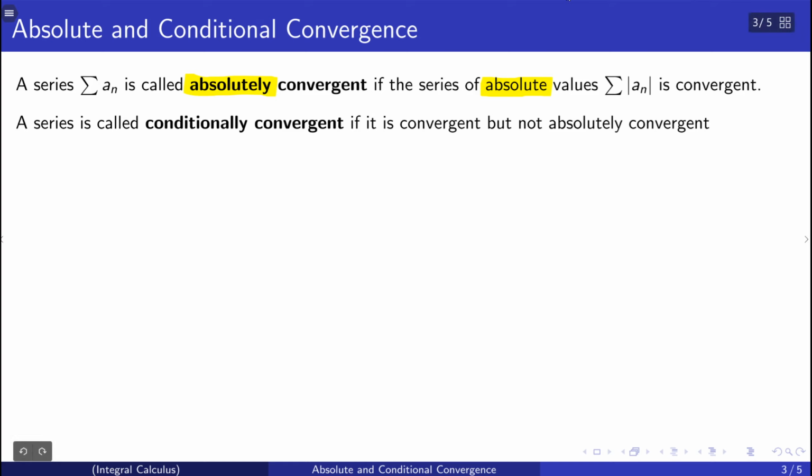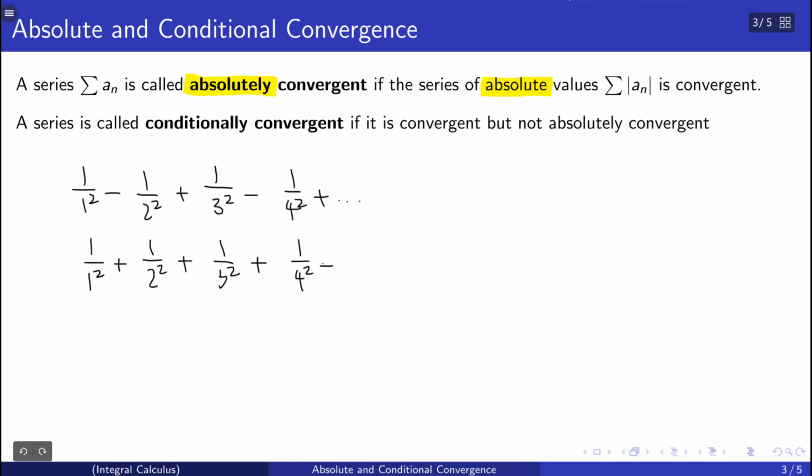That's exactly what happened with our alternating series 1 over n squared. Take absolute values of all the terms. Now it's the absolute value of minus 1 over 4, so that's plus. So it changes everything to a plus. Still convergent.